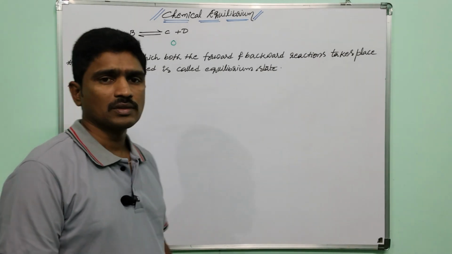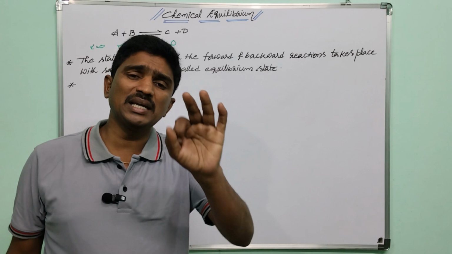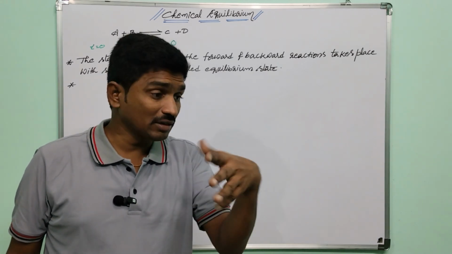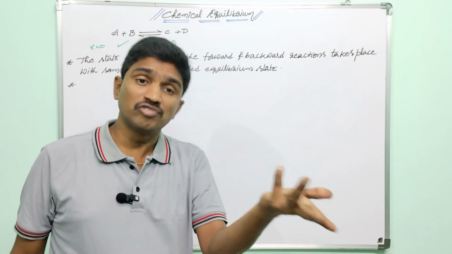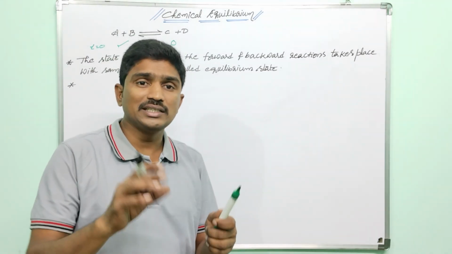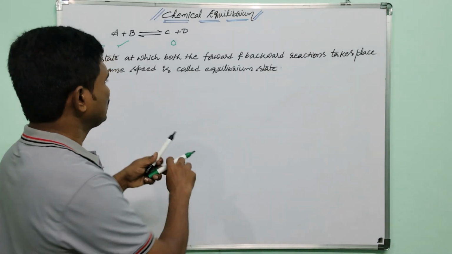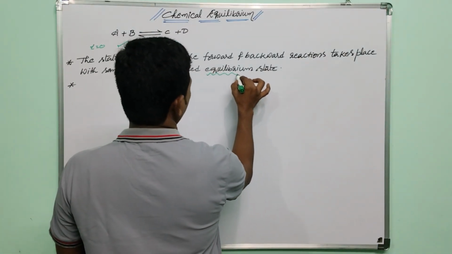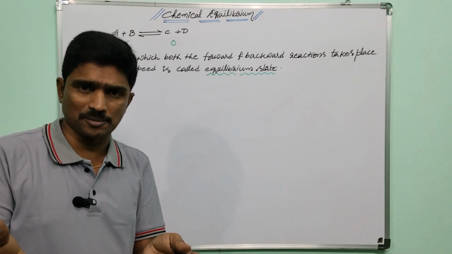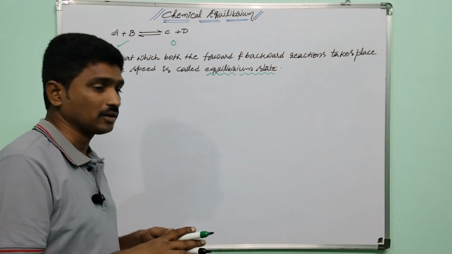Next thing, the equilibrium will be established in a reversible reaction. The reversible reaction may be a physical process or a chemical reaction. So the equilibrium state is nothing but the state at which both the forward and backward reactions take place with the same speed. Clear? Okay.